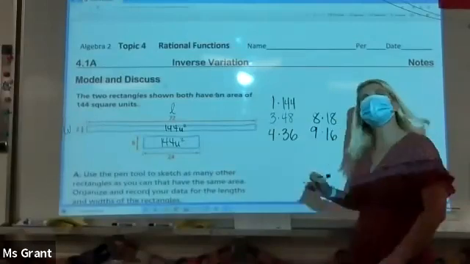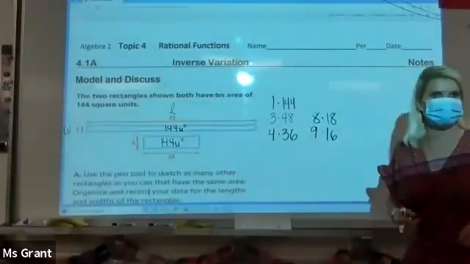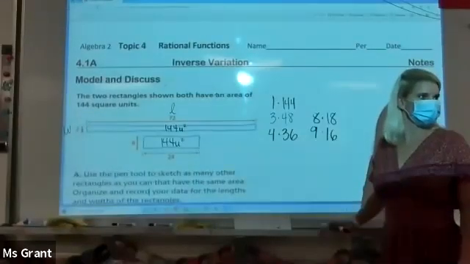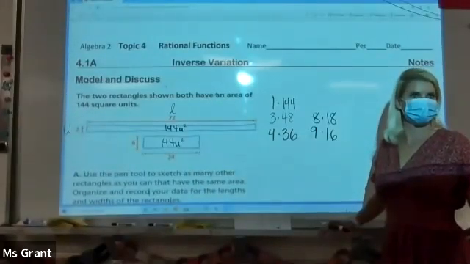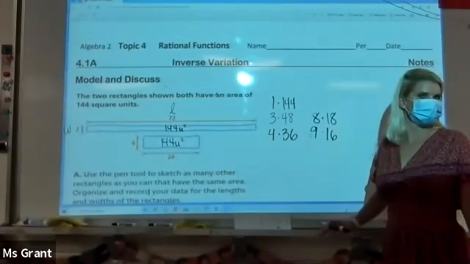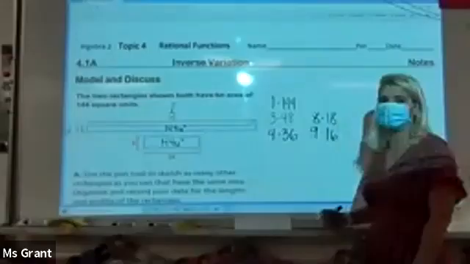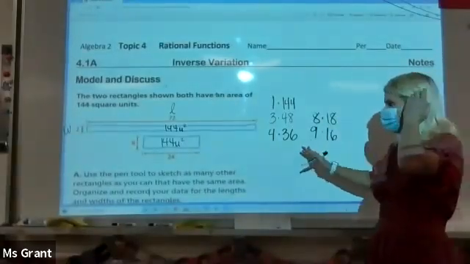Yes, good thinking, 9 times 16. Twelve times 12. That'd be a square. We want a rectangle. This is done. We're done, guys. Okay, so this is good.